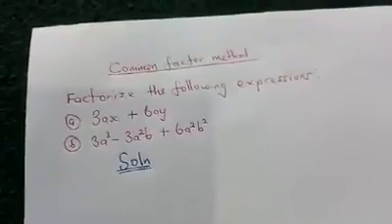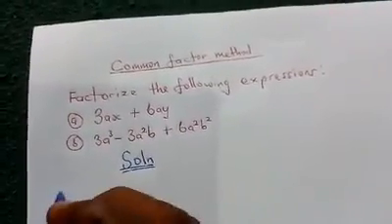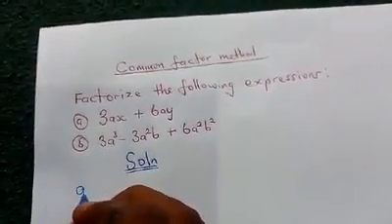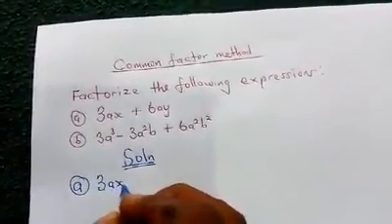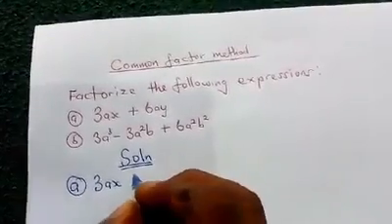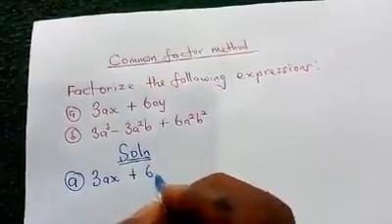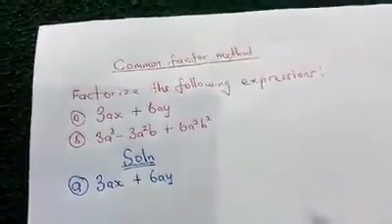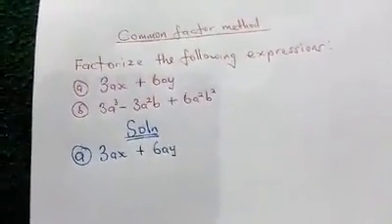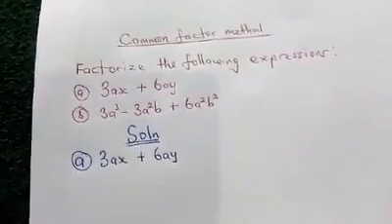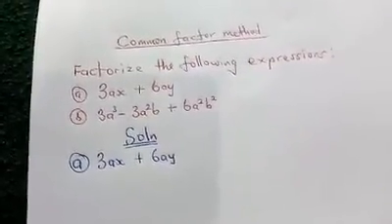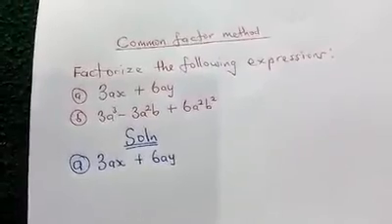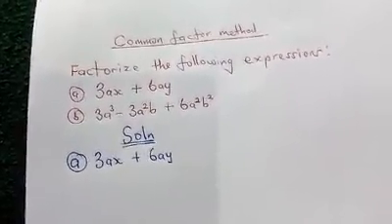So we begin with the first one. We have the first one to be 3ax plus 6ay. Now what we are going to be doing is that we are going to be looking out for factors that are common to both 3 and 6.